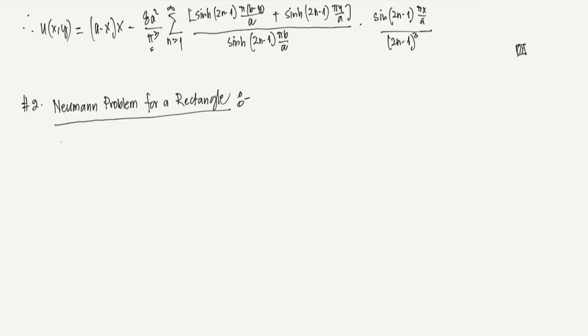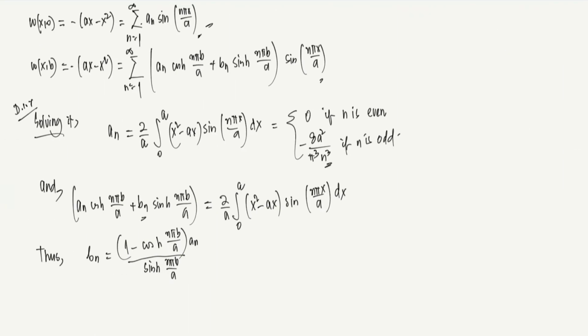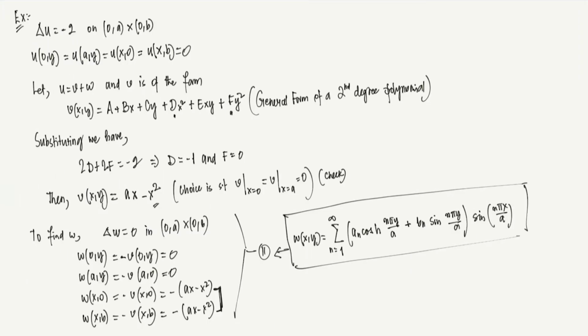What's the Neumann problem? Neumann problem, as you remember, the boundary condition is different. So it is Laplacian of u equals 0. We want to do it for x between 0 and a and y between 0 and b. Okay. See, the idea which we did with the boundary conditions, here we have used it in such a way that because we know how to solve the Dirichlet problem for the Laplace equation, we exploited that idea.